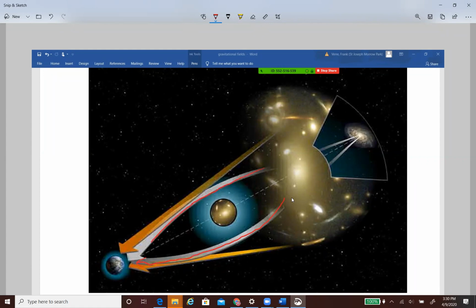Now, what that does is it gives you the illusion that you have multiple images of these things behind the black hole. And the reason for that is because it's really no different than, remember in grade 10, you did optics? And when you look at an object in water, you know how light bends?